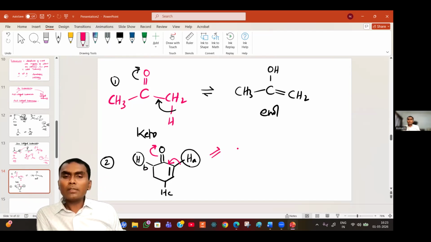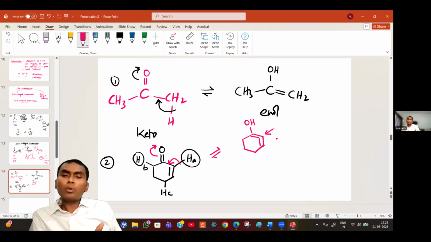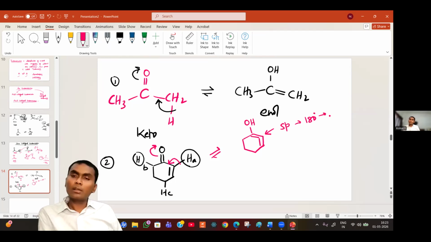What is the structure here? This one is a double bond, OH, this line. A continuous double bond is never present in a smaller ring because when a continuous double bond is present, then sp hybridization occurs and the bond angle is 180 degrees and strain will be very high.